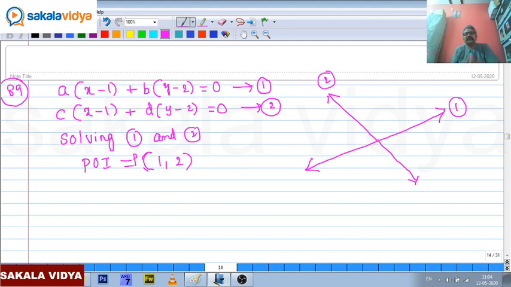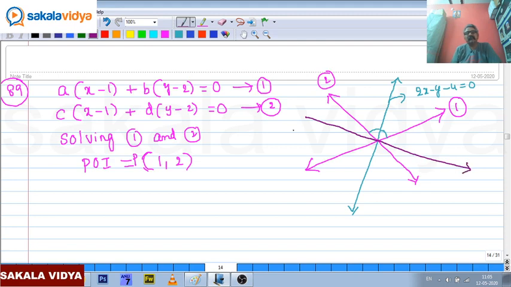Now, for example, this is one of the angular bisector equations that is given. That means it bisects this angle into two equal parts. This equation is 2x minus y minus 4 is equal to 0. Now we need to find this other bisector equation.